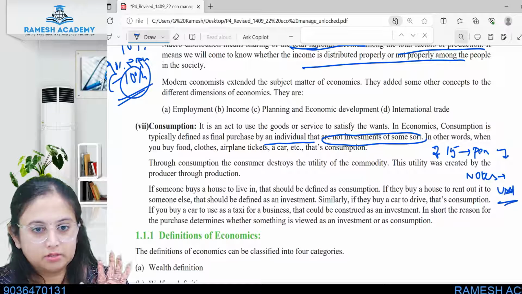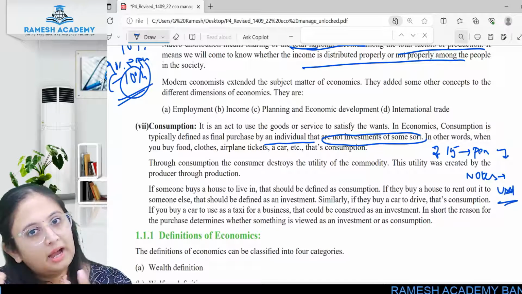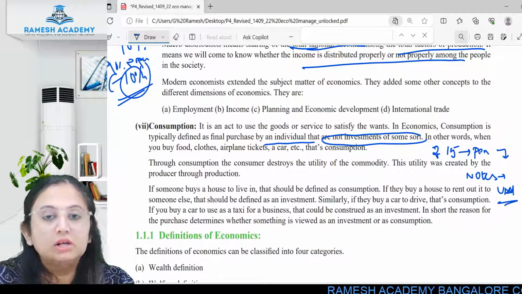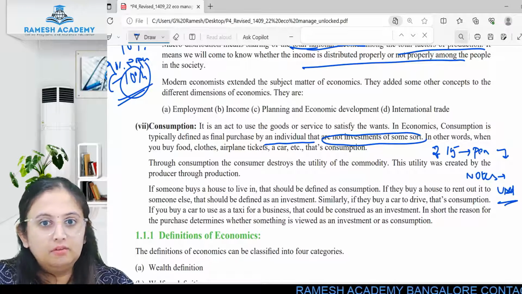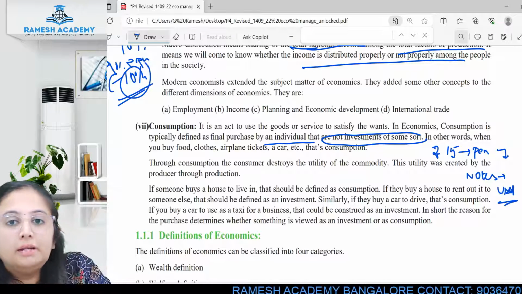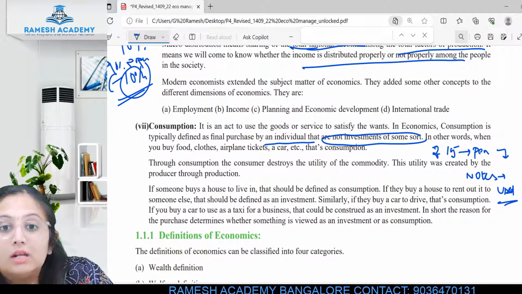My satisfaction, my want is satisfied. I wanted a pen to write notes, I have bought it and I have used it. That's all. This is what consumption is. I am the ultimate person. From this, I am not passing it on to anyone else. So I am the ultimate consumer. I have consumed it. That's it. It's done. This is called consumption.